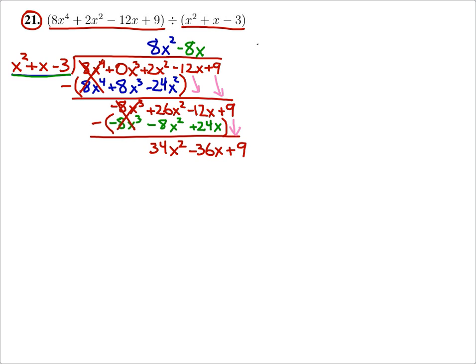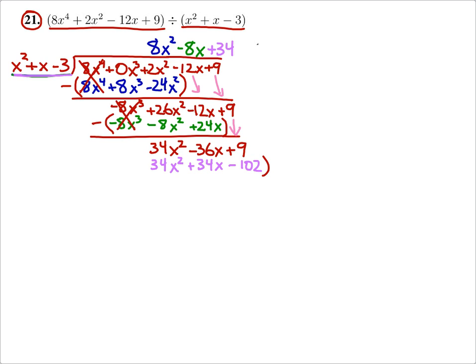Finally, we need the thing that multiplies by x squared to get us to 34x squared. And that is just a 34. Because when you multiply that 34 by the whole divisor, you get 34x squared plus 34x minus 102.